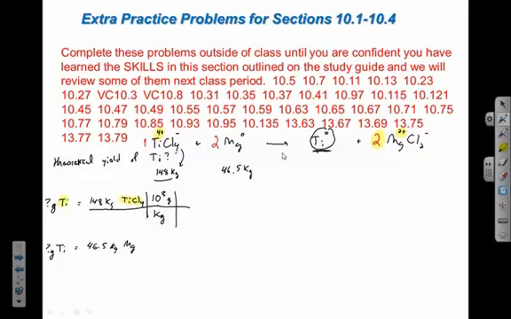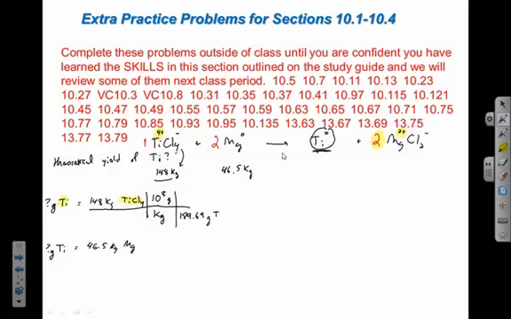So right now I'm dealing with titanium chloride, TiCl4. So if I want to convert that from grams to moles, I need to get the mass of one titanium, which is 47.88, and add that to 4 masses of chlorine, or 4 times the 35.45, and that gives me 189.69.